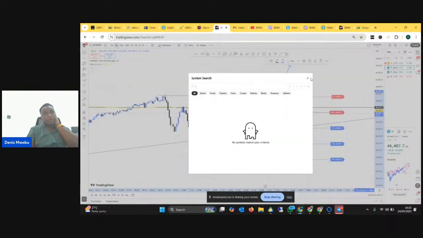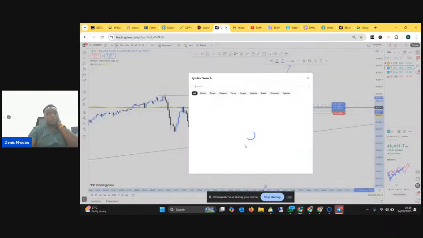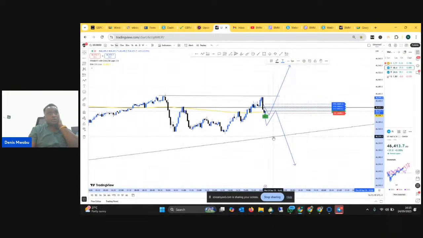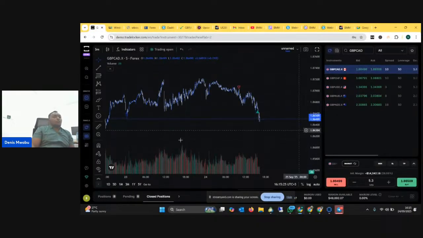So you can be able to see what it is doing. I want to trade this thing. Let me put my account ready.